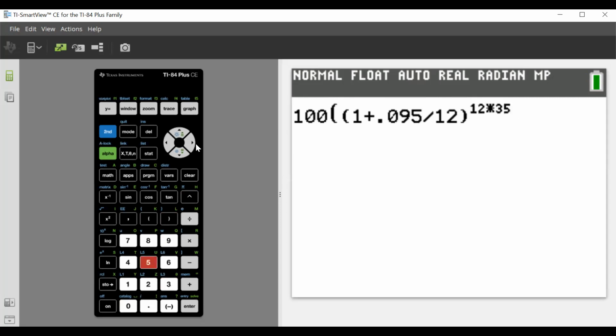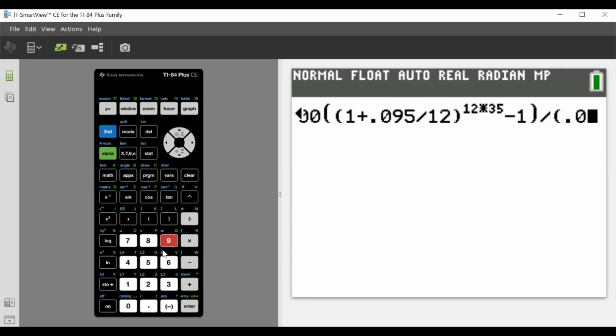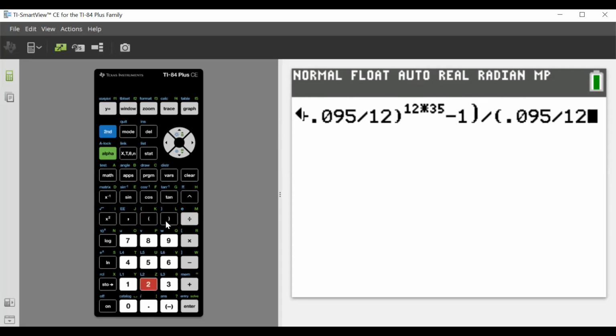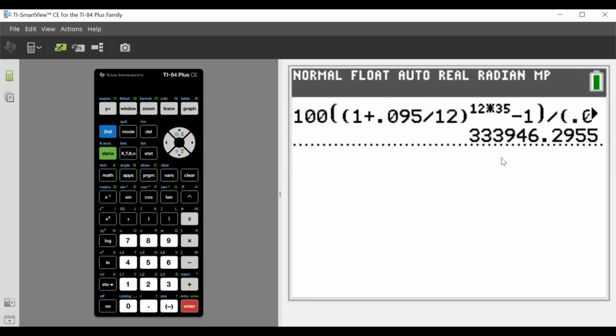Now we have to remember to arrow down, and then we had minus 1, and then parenthesis, divided by parenthesis 0.095 divided by 12. And if we typed all that in right, this is going to be our value: $333,946.30.